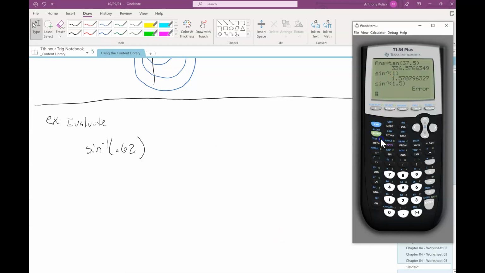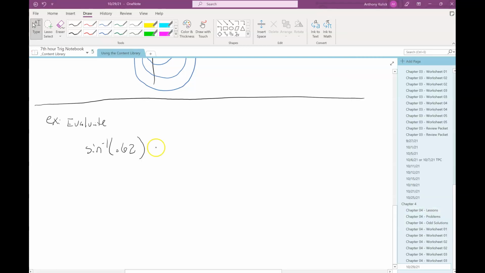Well, I just go and I pull up my calculator, make sure I'm in radian mode, and then do sine inverse of 0.62 on my calculator and write down the answer. That's it. Everybody okay with that idea? Okay.